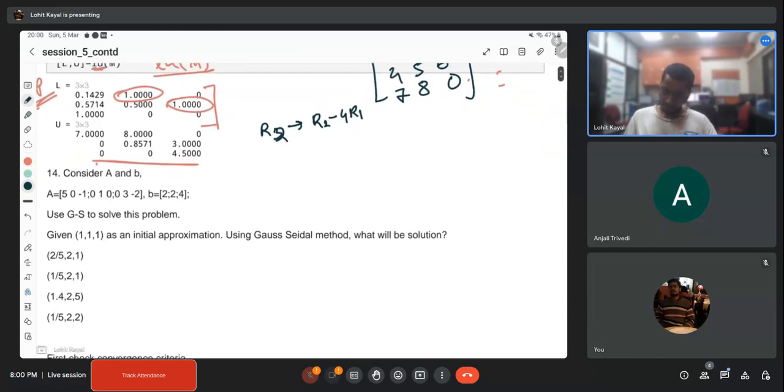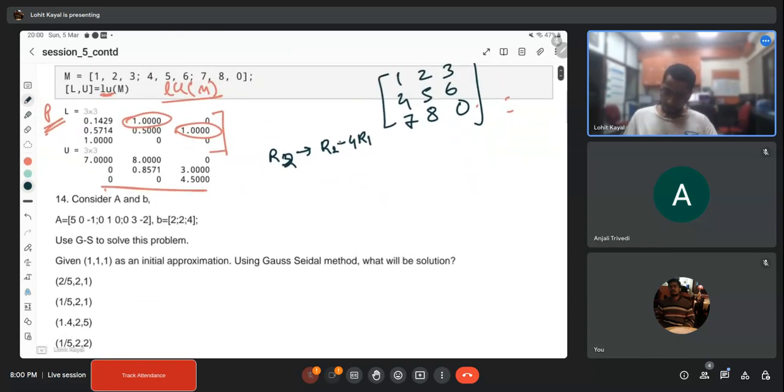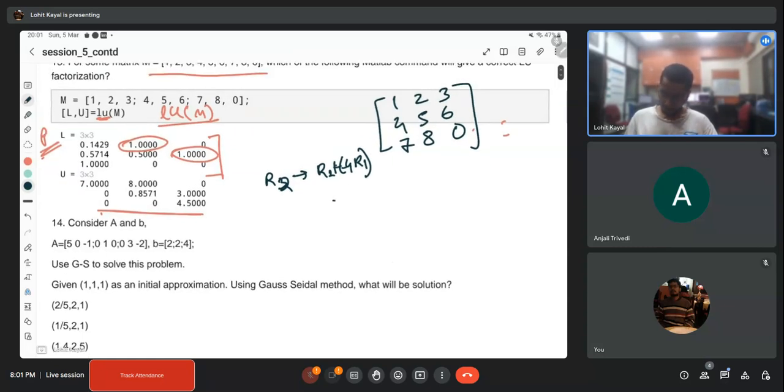Or I can write plus of minus 4R1, because it will be helpful while calculating E21, E32, and E31. So the first step gives 1, 2, 3, 0, minus 3, minus 6, and 7, 8, 0.